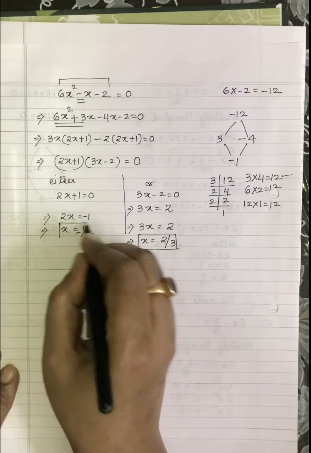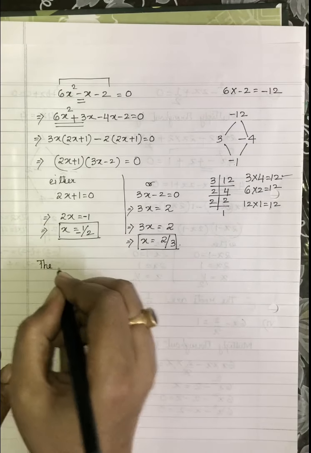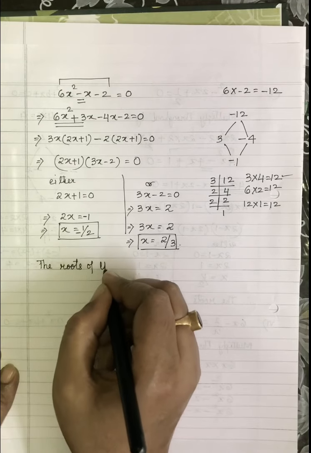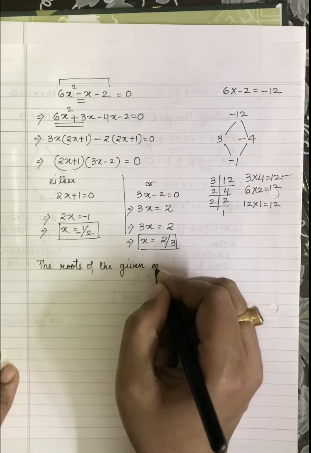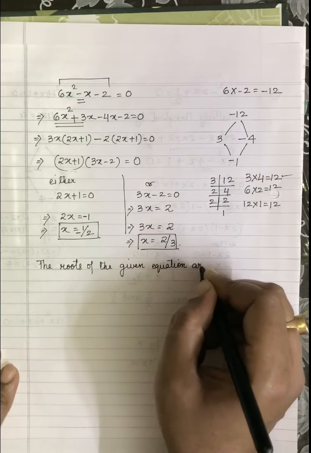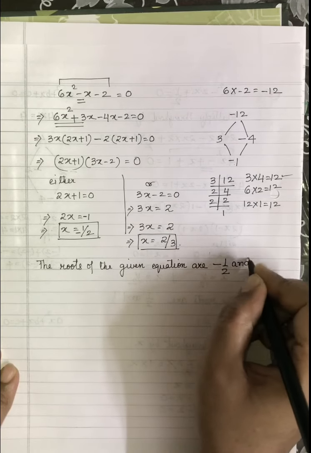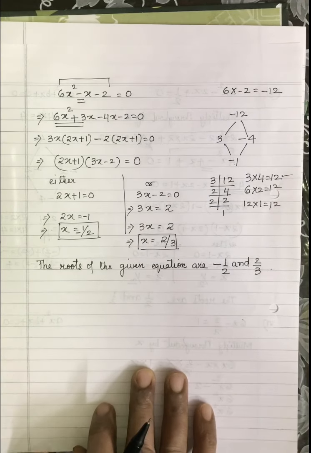So you got your answers as the roots of the given equation are minus 1 upon 2 and 2 upon 3. So this is one kind of question, children.